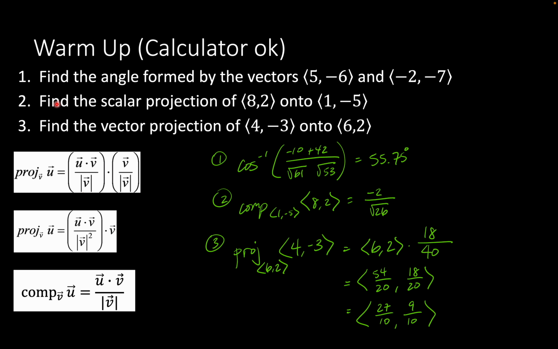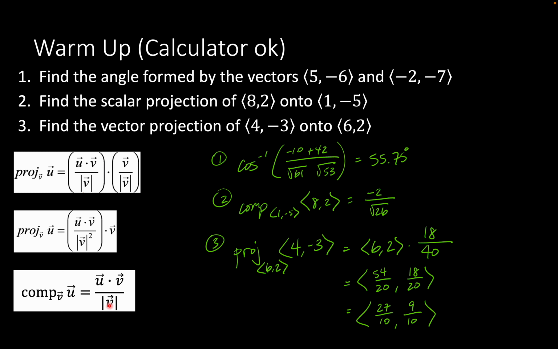For the second problem, we were asked to find the scalar projection of 8, 2 onto 1, -5. Reminder, scalar projection or comp of u onto v can be found as the dot product of the two vectors divided by the magnitude of the vector we project onto.